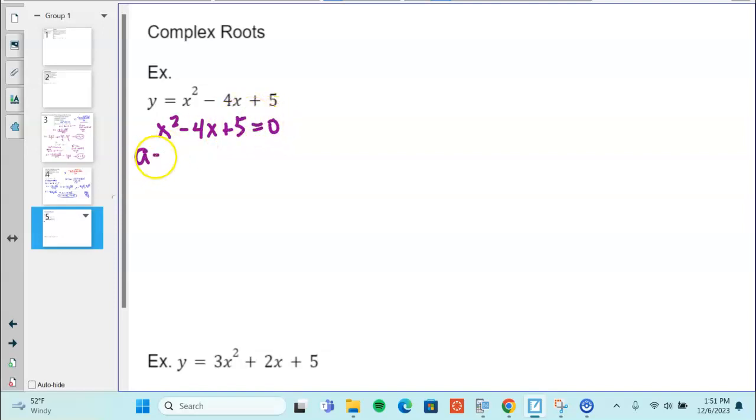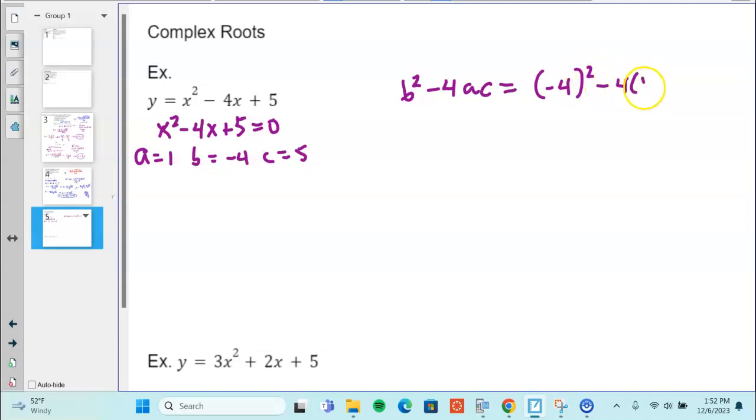So we're going to identify a is 1. It's the coefficient of x squared. B is -4. C is 5. We're going to calculate our discriminant, which is b squared minus 4ac. That's going to be -4 squared minus 4 times 1 times 5.